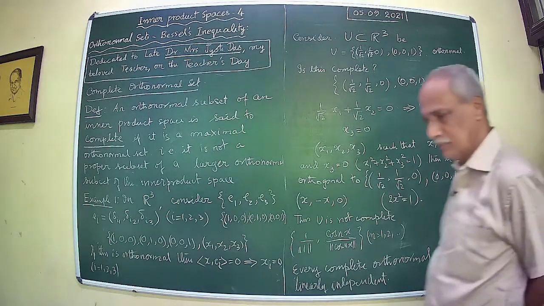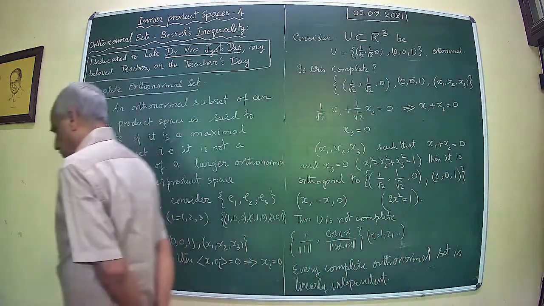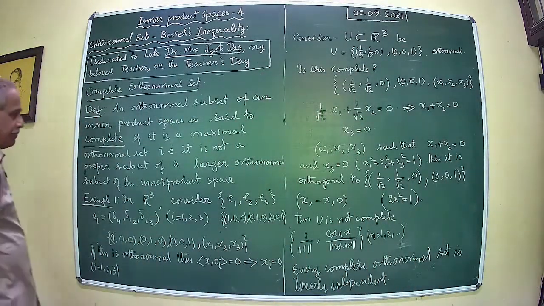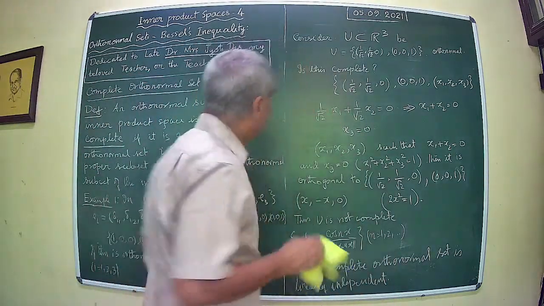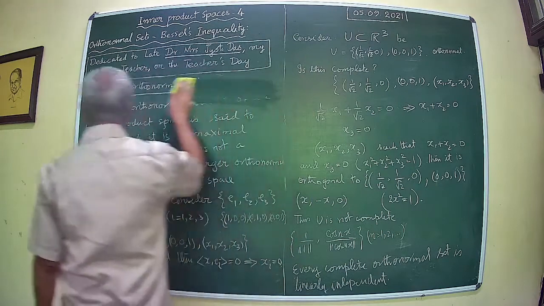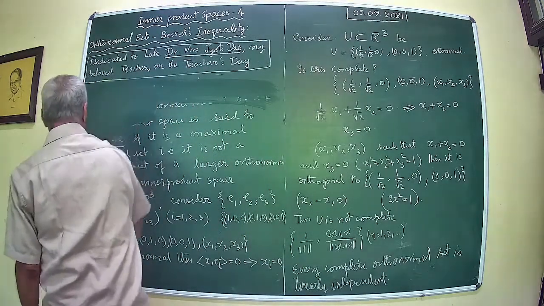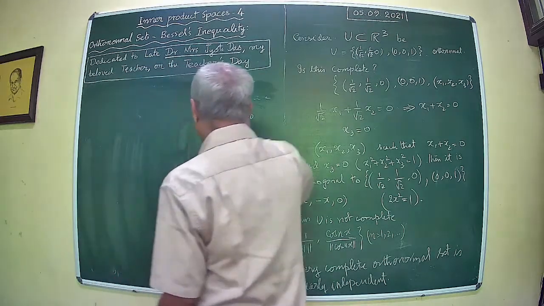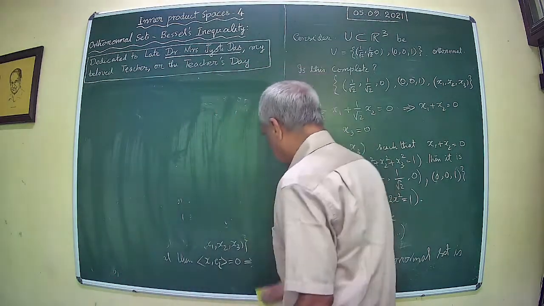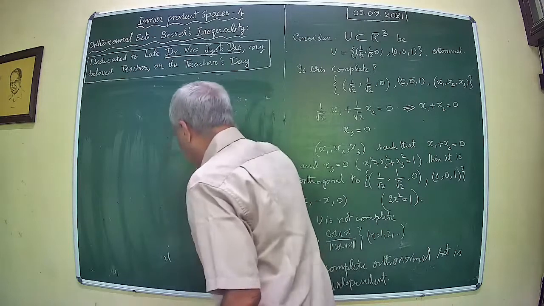Now we just confine ourselves to finite dimensional vector spaces. Then talk about what is called the orthogonal dimension.